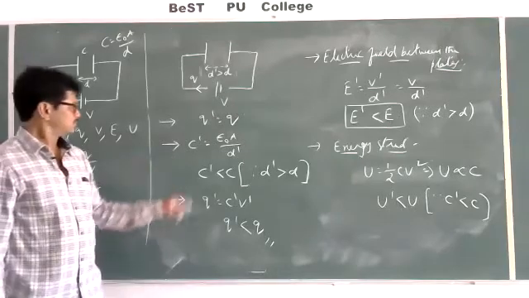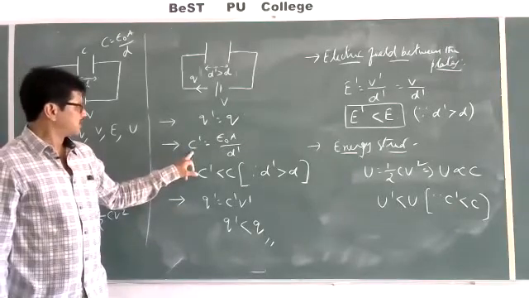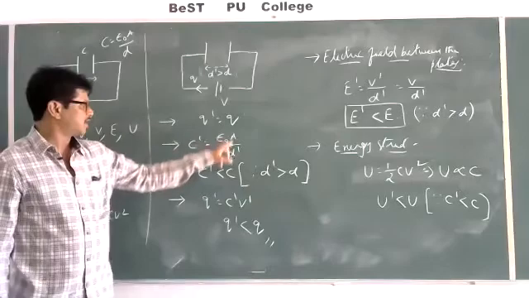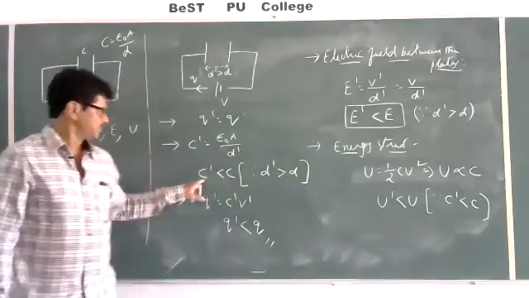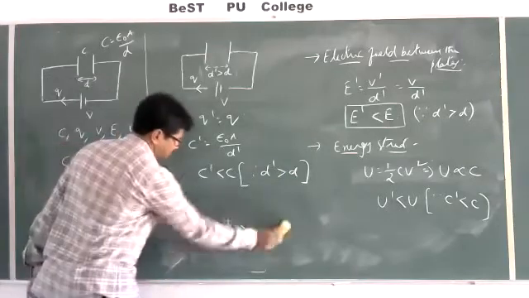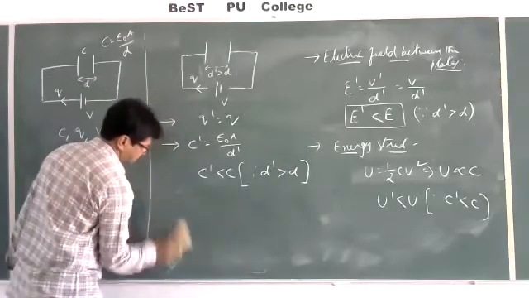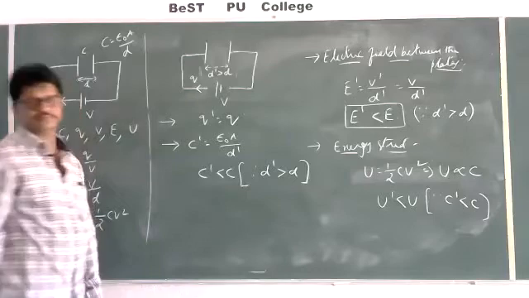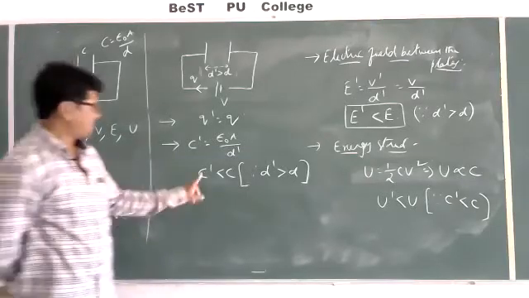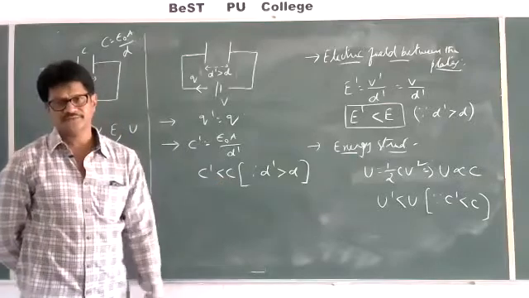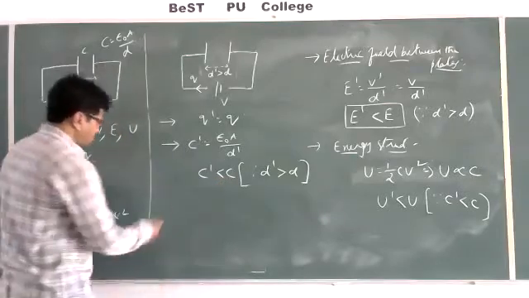Second point. What happens to the capacitance? C dash is equal to epsilon naught A by D dash. Since D dash is greater than D, C dash will be lesser than C. Capacitance decreases. What happens to the potential?